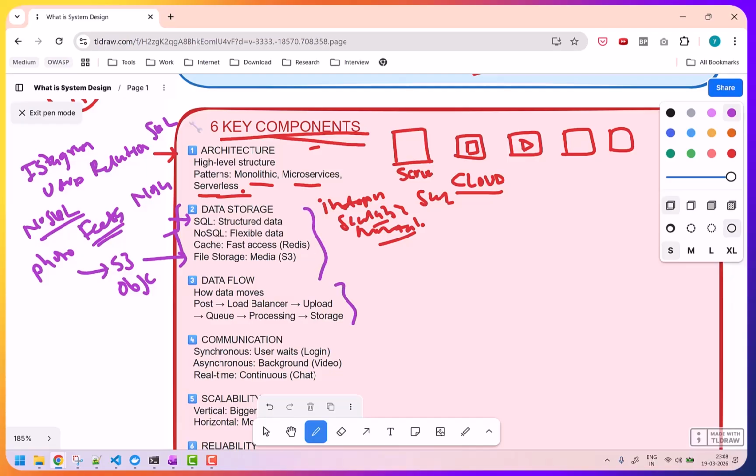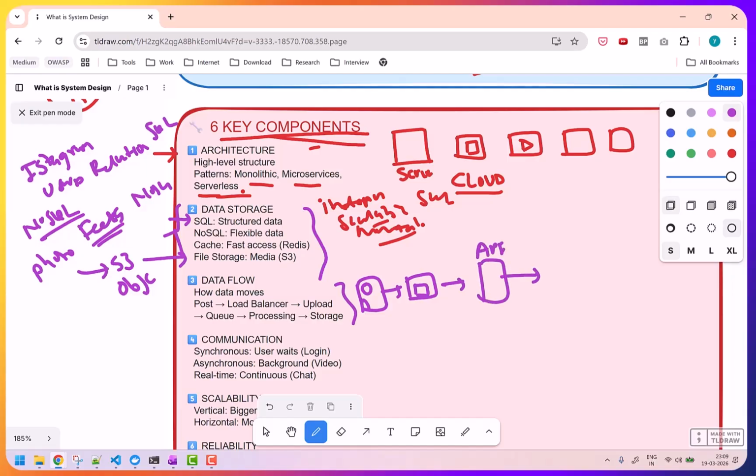Next is data flow. Data flow is about how one particular flow works. For example, a user is trying to upload a photo on Instagram, right? So how will it happen? It will go to the API gateway, for example.